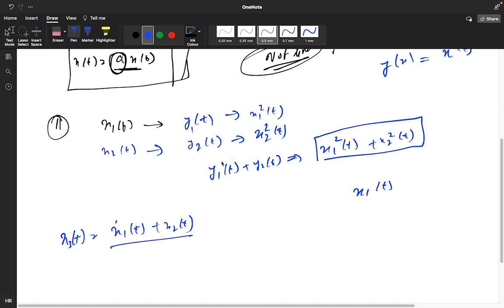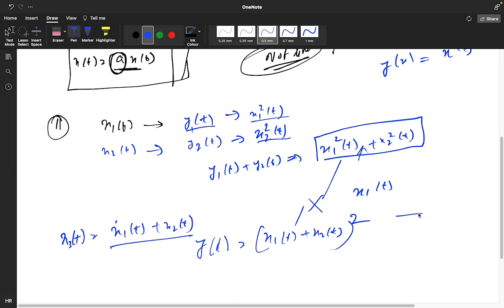If you substitute this in your real equation, what will you get? y of t is equal to x1 of t plus x2 of t, the whole square. But if you do it separately and add, you get the result like this. So this is not equal to this. So this is not following the homogeneous principle. Is this point clear for everyone?